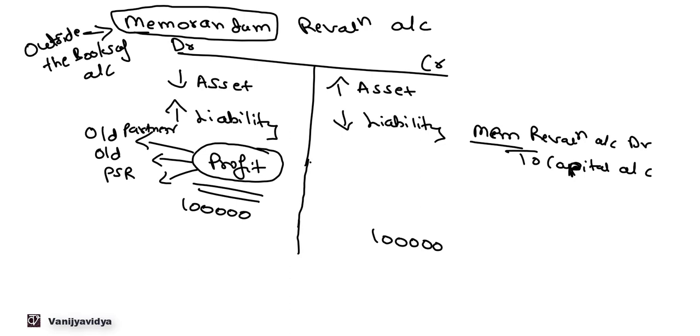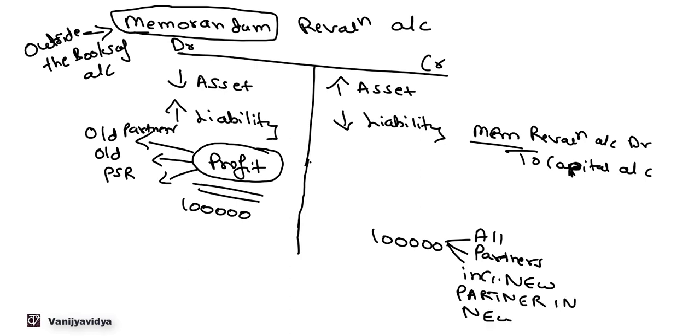Now this reversal of the entry, this loss of 1 lakh, this reversal of the profit of 1 lakh, will be shared by all the partners, including the new partner, in the new profit sharing ratio.